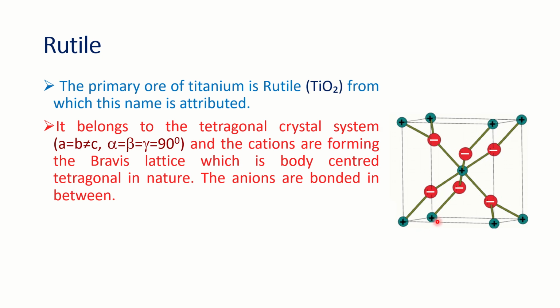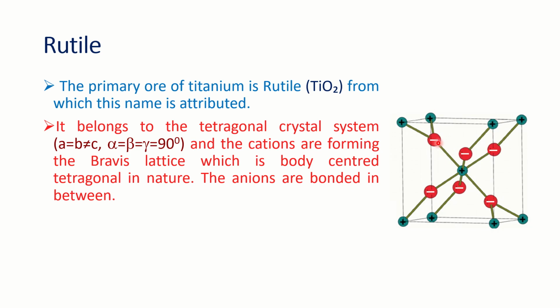Tetragonal means its cell parameters are a equals b, which is not equal to c, while all the angles are equal and 90 degrees. And here this lattice is formed all by the titanium cations. Titanium cation means Ti4+ ions.